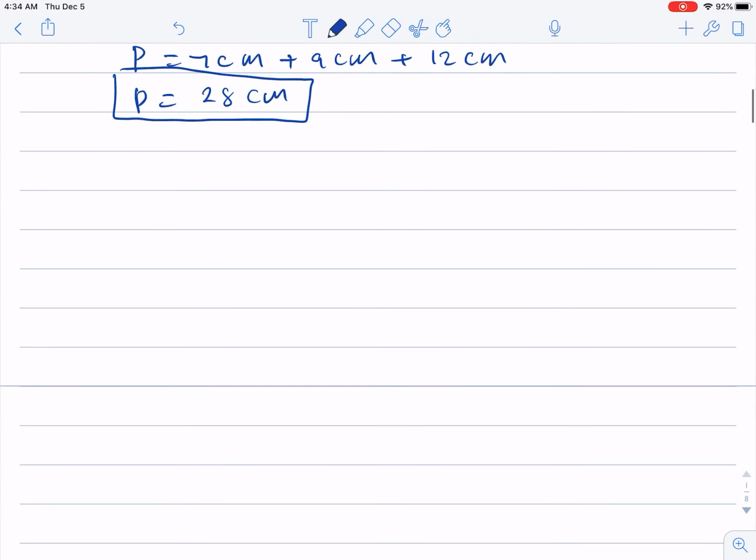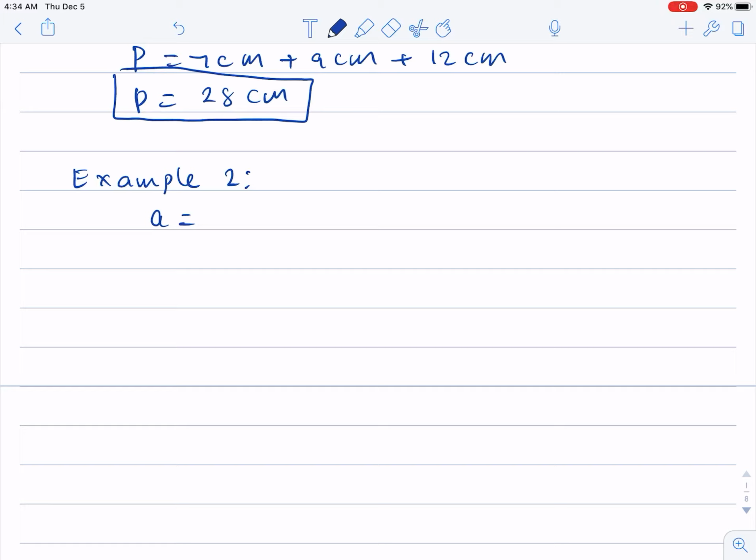So example 2. So meron tayong triangle, no, with side lengths. Malaking triangle lot, for example.